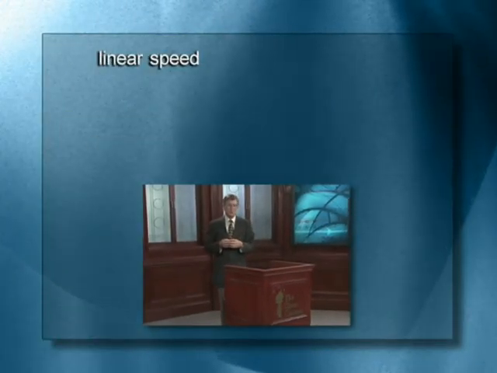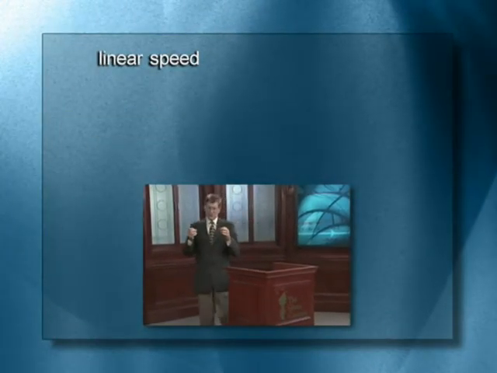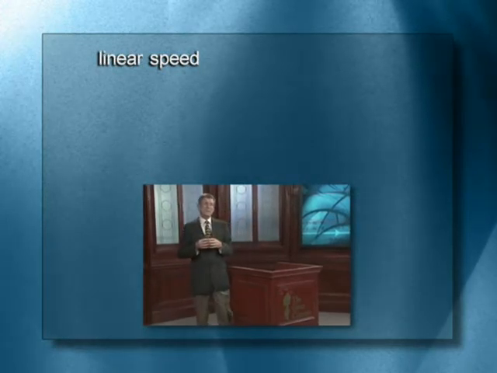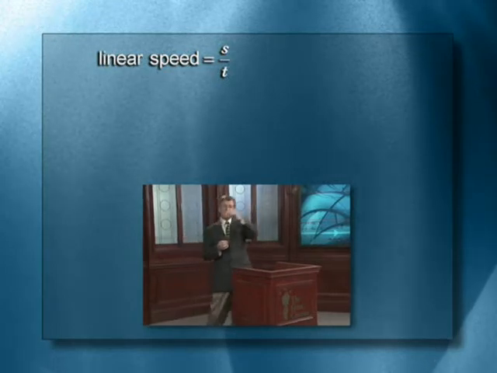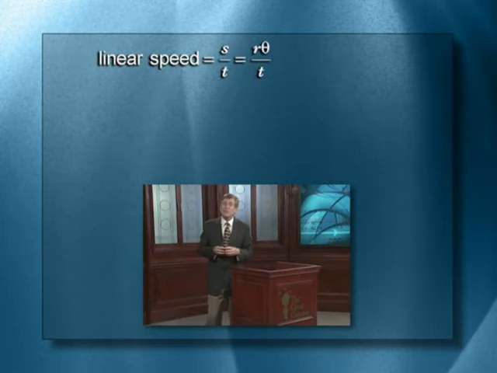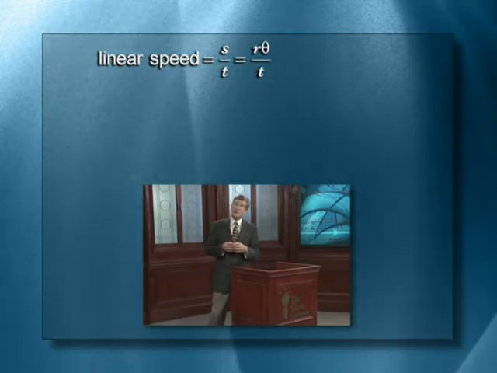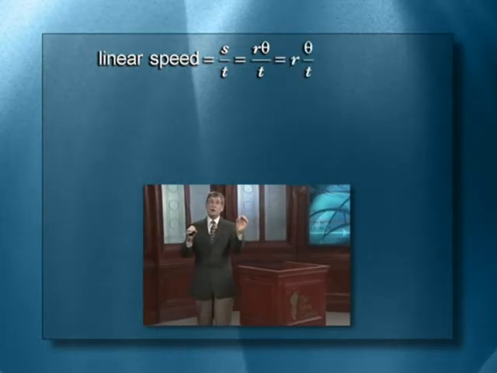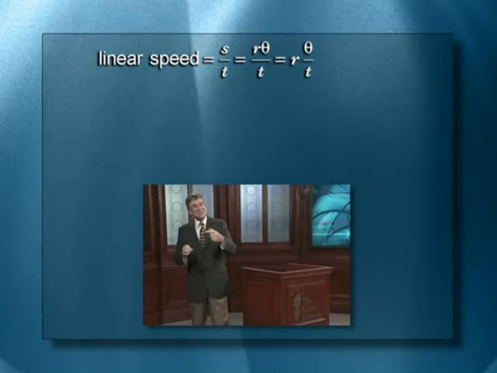What's the linear speed? What does the speedometer show on the edge of the tire? Well, linear speed is s over t, the change in distance s divided by time, but s is r theta. Remember our formula, s equals r theta? And theta over t, if I factor the r out, I get r times theta over t.